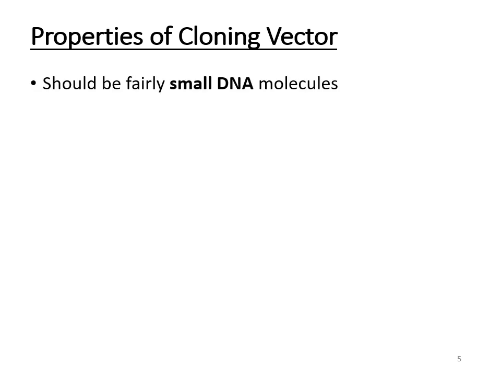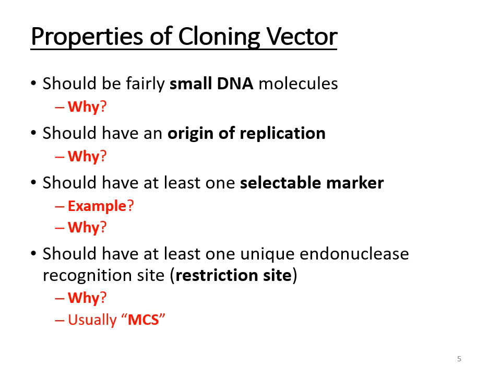First of all, the cloning vector or the plasmid should be fairly small DNA. Why is that? Think about it. What do you want to happen in a transformation? You want the bacteria to take in that little round plasmid DNA. If it's large, good luck getting that giant piece of DNA into those teeny tiny little bacterial cells, into their teeny tiny little pores on the outside of their outer cell walls or membranes.